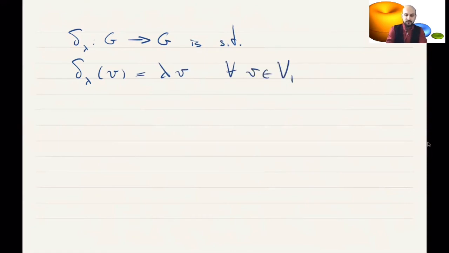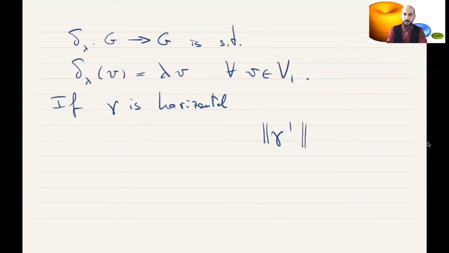Now, if gamma is horizontal, then we can consider the tangent vector, which is an element of V1. So we can consider its norm. But now what about if we consider the dilation of the curve?